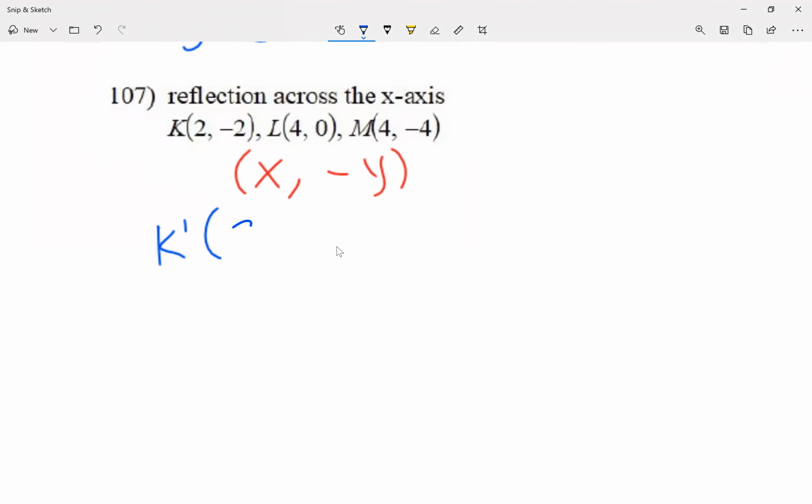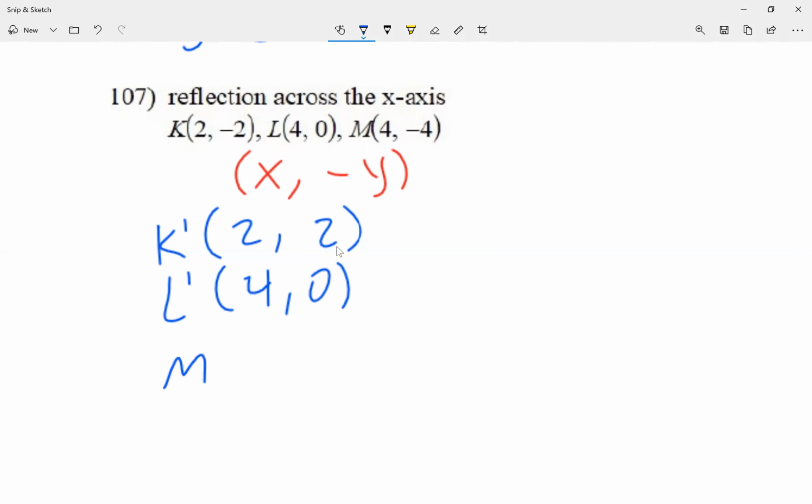So K prime will be 2, 2. I changed from negative 2 to positive 2. L prime will be 4, 0. There's no such thing as a negative 0. And M prime will be 4, 4. Let me emphasize my y values. I was switching the signs on each, but there is no such thing as a negative 0.